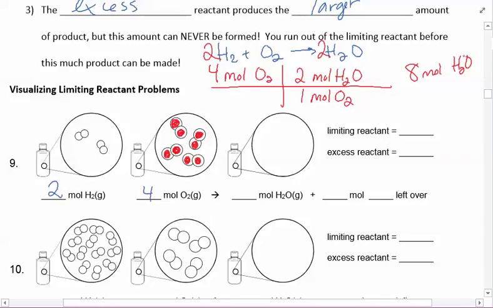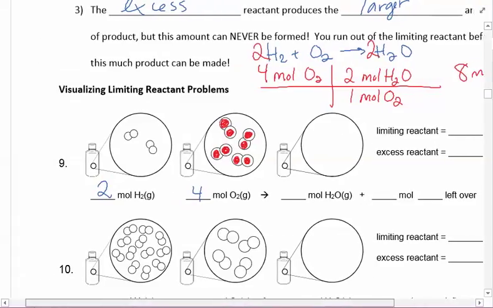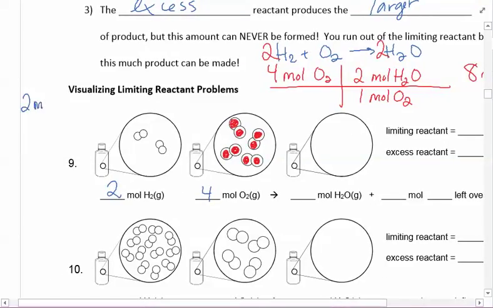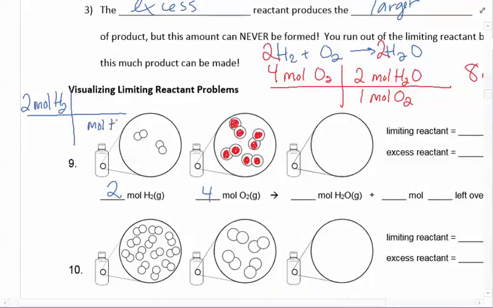Now let's calculate with hydrogen. So I have to kind of squeeze it in here. So I have 2 moles of hydrogen, on the bottom, hydrogen, not oxygen, and moles of water. Notice I'm going to the same thing.